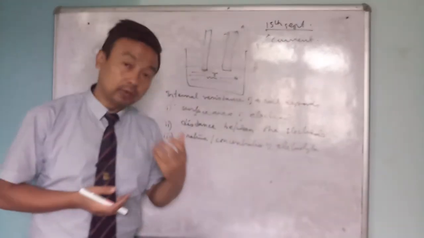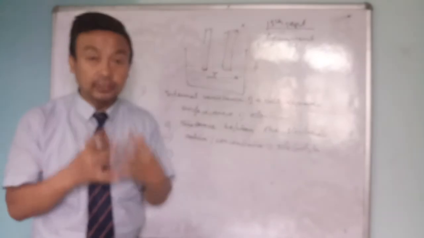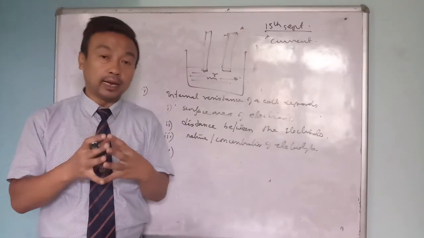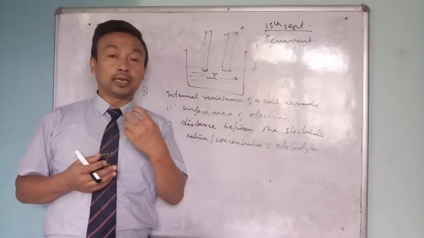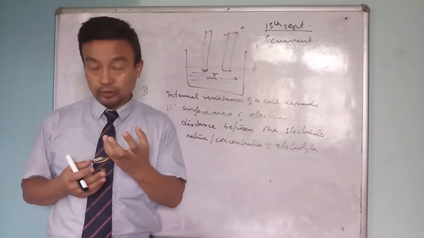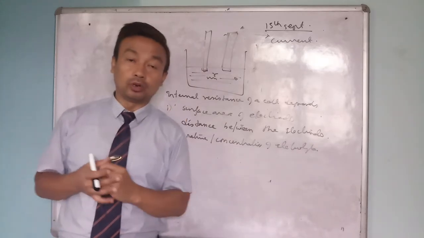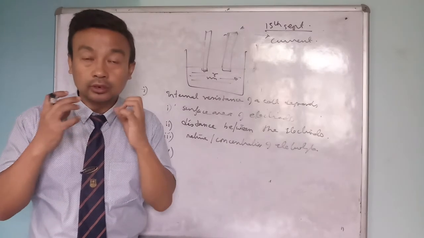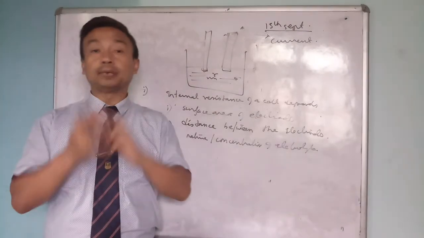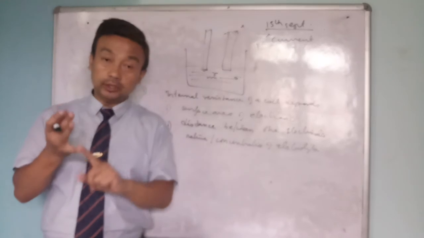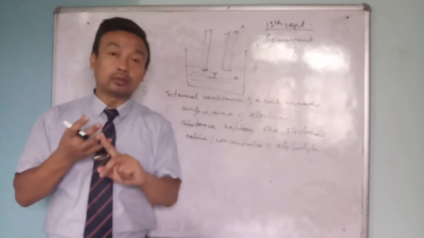We can have more than one resistor and they can be combined, and with this combination of resistances we can control the flow of current. So that is the next topic, which is called the combination of resistors. Basically there are two types of combination, the series combination and the parallel combination.